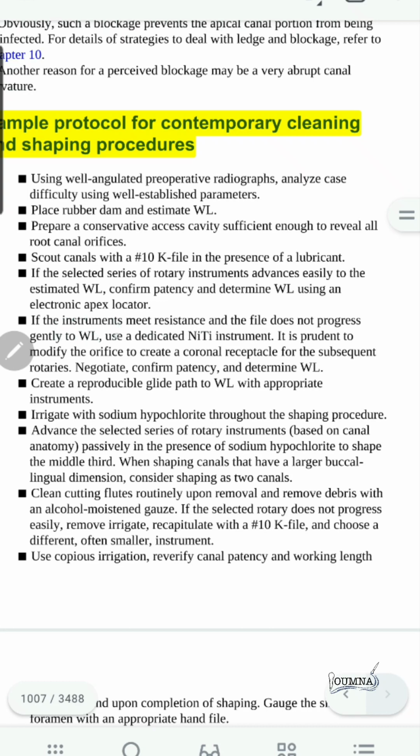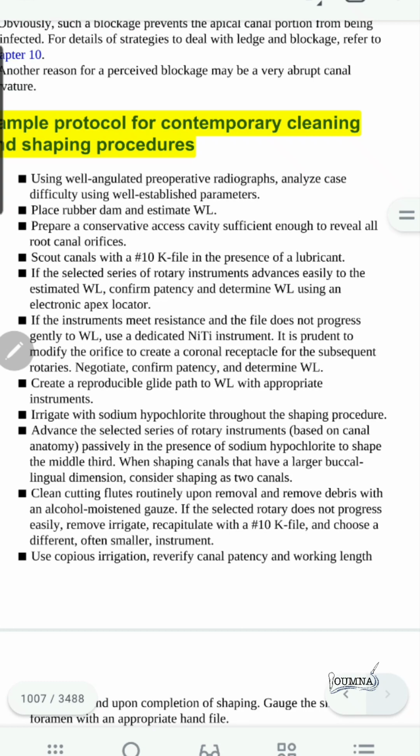If the instruments meet resistance and the file does not progress gently to working length, use a dedicated nickel titanium instrument. It is prudent to modify the orifice to create a coronal receptacle for the subsequent rotaries, negotiate, confirm patency, and determine the working length. Create a reproducible glide path to working length with appropriate instruments.